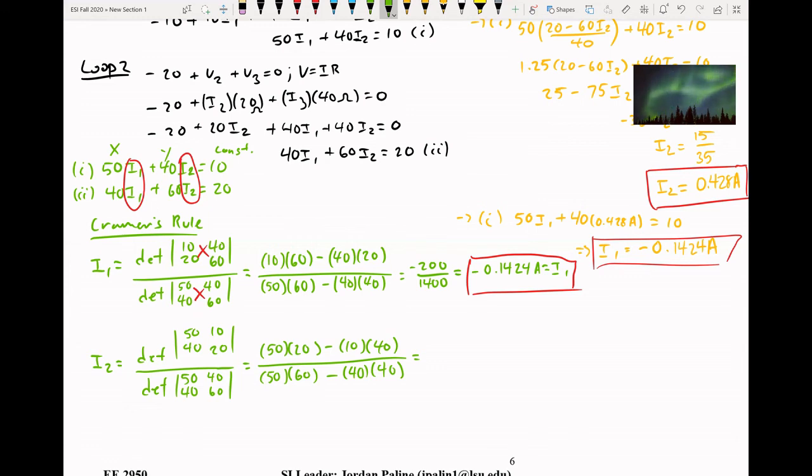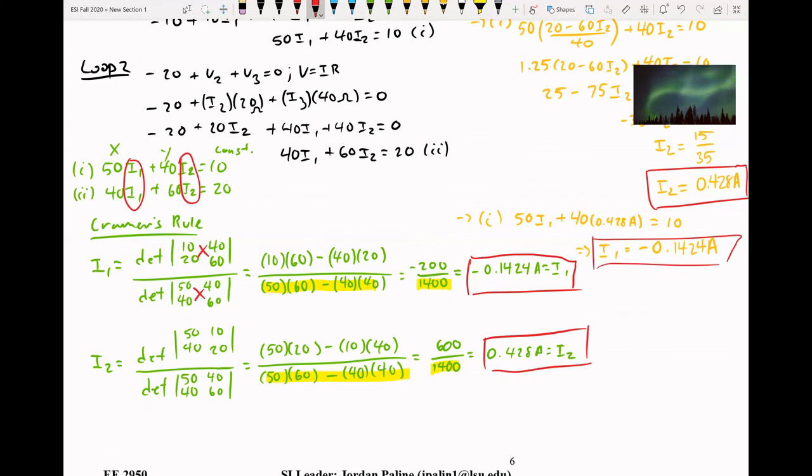So we'll get 600 over 1400. And notice that that 1400 is the same in both. It's just the same equation. And that should give you 0.428 amps for I of 2. All right, so either way works.